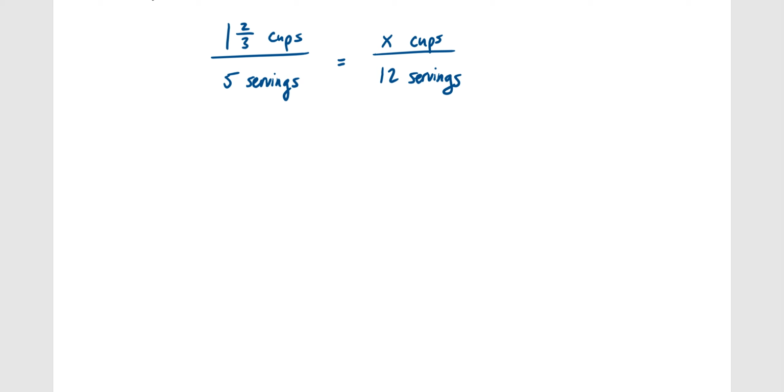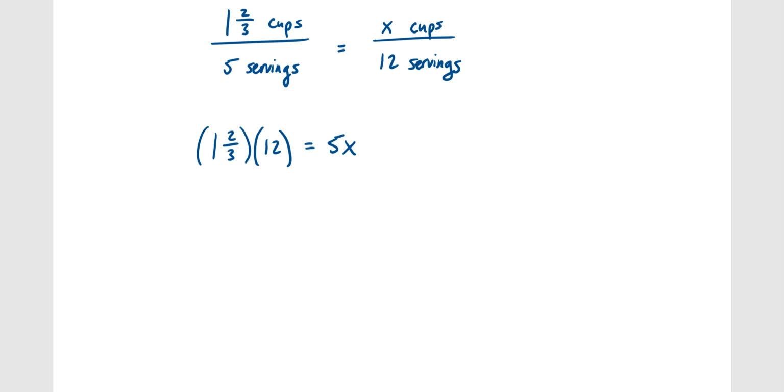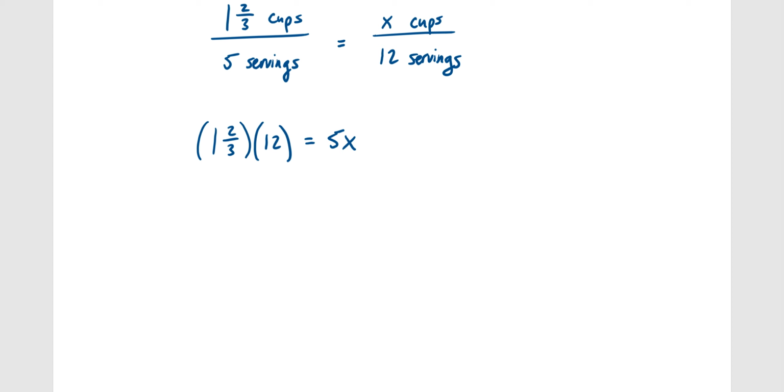Okay, so we just have to cross multiply once we have it set up correctly with the units being the same on both sides. So cross multiply, we get 1 2/3, use parentheses, times 12 equals x times 5, or 5x. So instead of using 1 2/3, we're going to rewrite that as an improper fraction. 3 times 1 plus 2 over that denominator, that's 5/3 times 12 equals 5x.